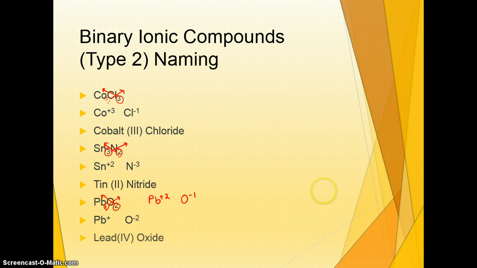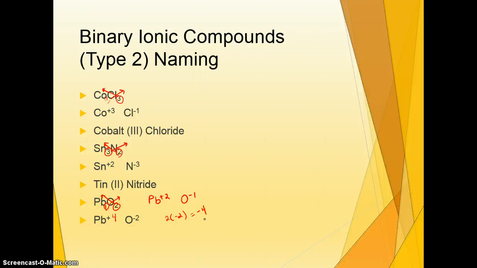This means that O must have been -2, and if I have 2 of them, 2 times the -2, that tells me my total oxygen charge must be -4, which means in order to balance that out, my lead charge must be +4.